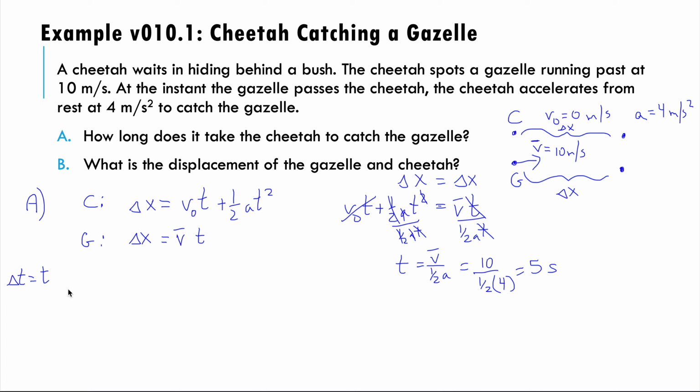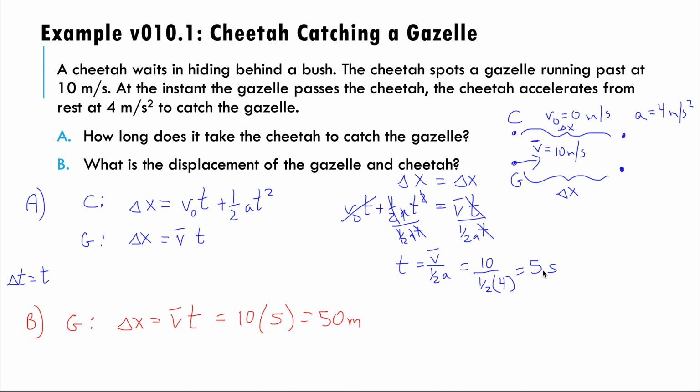Now the second part is asking us, what is the displacement? So they both have the same displacement, so we can just solve for either one of them. For instance, for the gazelle, we have delta x equals v average times time, so we can just plug in the 10 meters per second for the average velocity times a time of 5 seconds, and that gives us 50 meters.